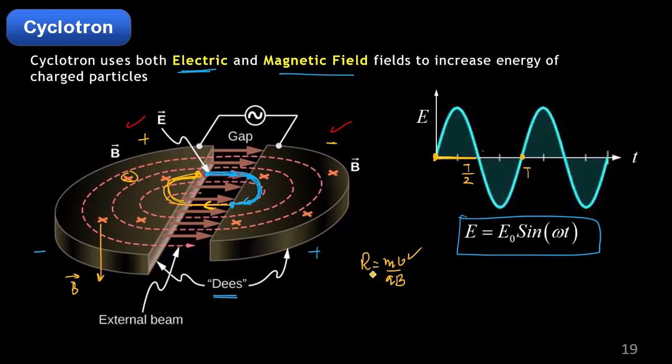So the radius of the circular loop increases, and ultimately the particle will come out from the extreme end like this, where the radius is the largest. So this is the idea of the cyclotron, where several times the particle has to go through this.